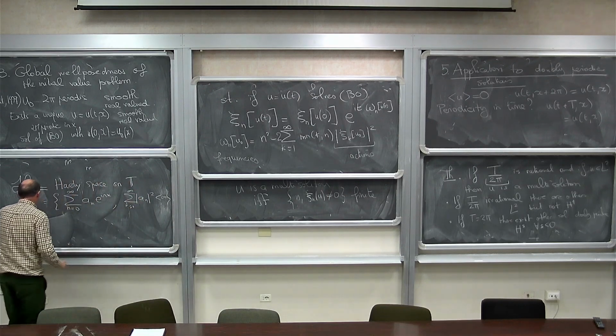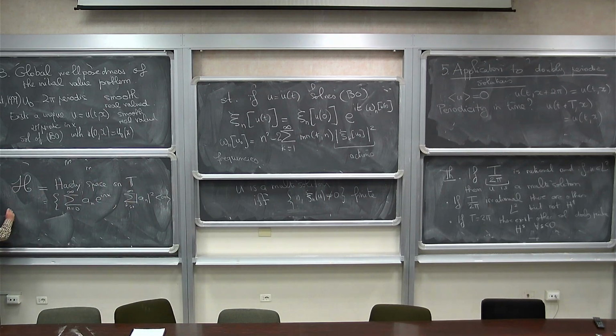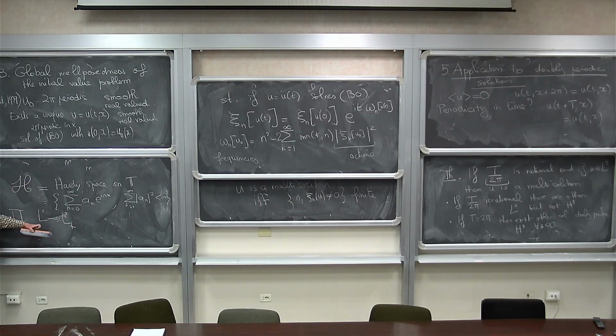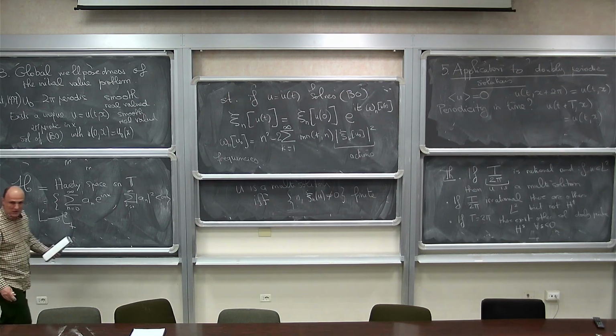Okay? And then you have an operator, which I denote by pi, which is, so let me call it L2 plus. You have an operator which is the orthogonal projection from L2 to L2 plus, where you take a Fourier series, and you forget all the negative Fourier modes. So you just cut the Fourier series.